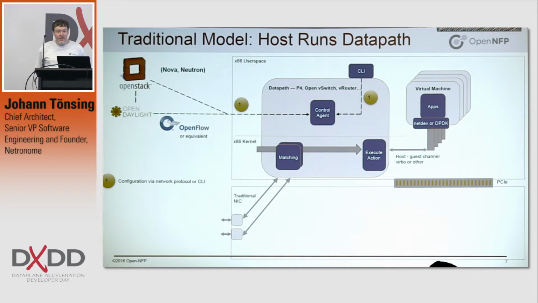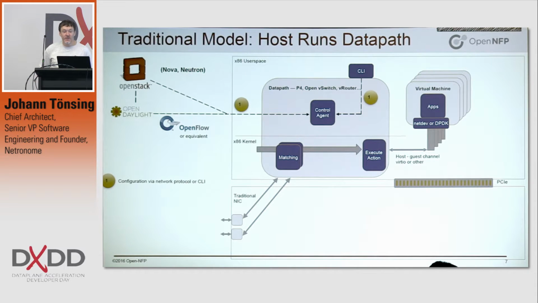The alternative is to now have the host running the data path. Here you actually get a lot more complicated configuration from the cloud management system. You would have the option in OpenStack, for example, of going directly to your control agent. There's another option to go via Open Daylight.